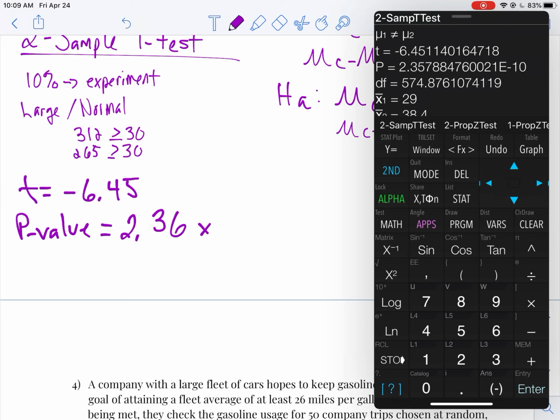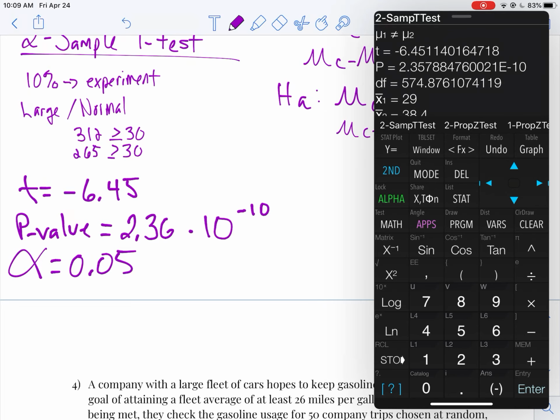I was tempted to just write 0 because it's really close to 0, but we'll go with the scientific notation here. Again, if you see a value that is greater than 1, or even is 1, chances are it's in scientific notation. Be mindful of that. That's really low. And remember, our significance level, we usually keep it at 0.05 unless they tell us otherwise.